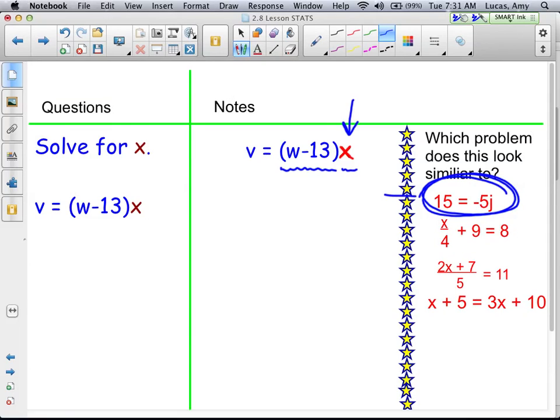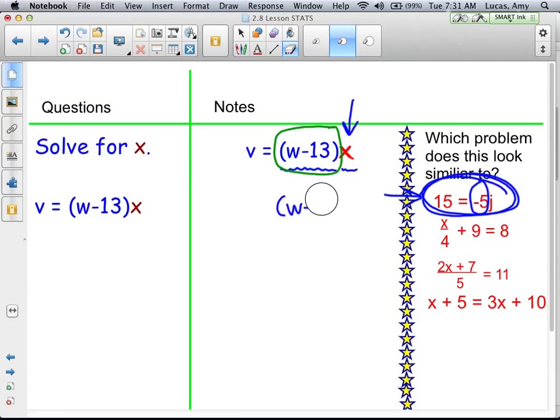So to solve this problem with the negative 5j, we divided by the negative 5 coefficient. So we are going to do that same thing on this problem, and we are going to divide by the w minus 13. We're going to treat it as a coefficient to our x. So remember, a coefficient is like a number in front, so we're going to treat it just that way.